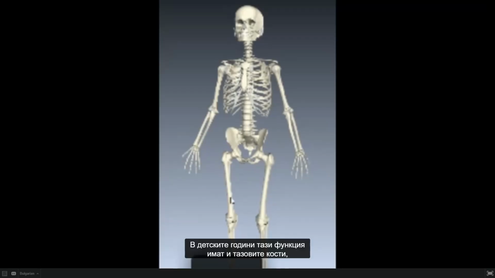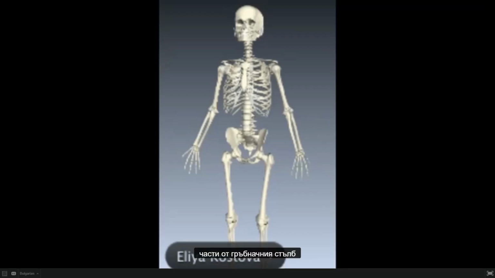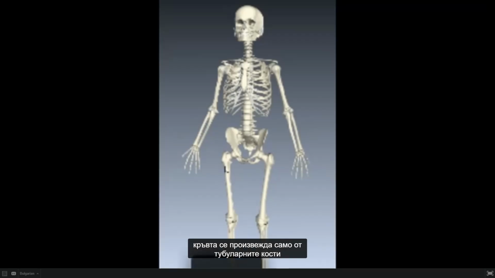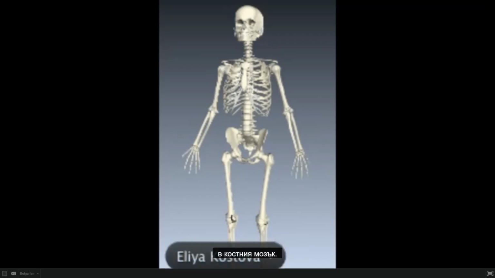In childhood, you have this function also in the pelvic bone, part of your vertebral bones, and some part of your chest bone, in the middle. But when you go further in your life and reach 30, you produce blood just from the tubular bone marrow.